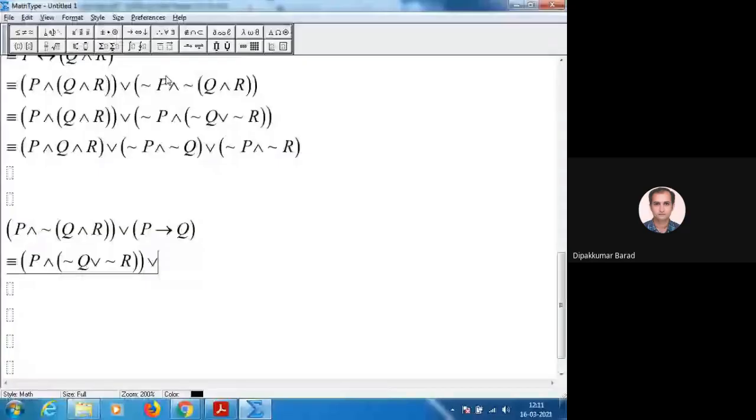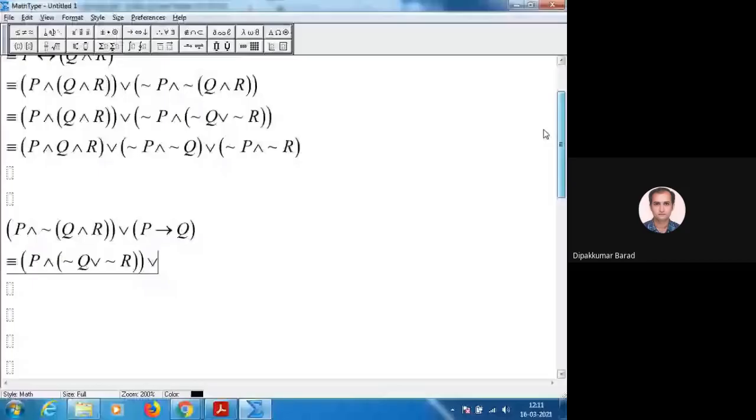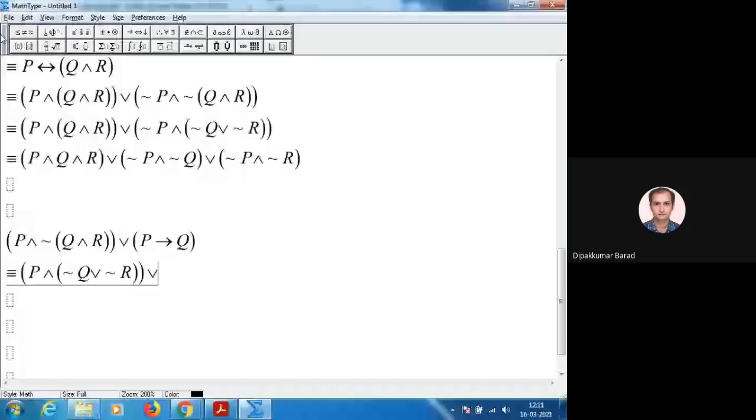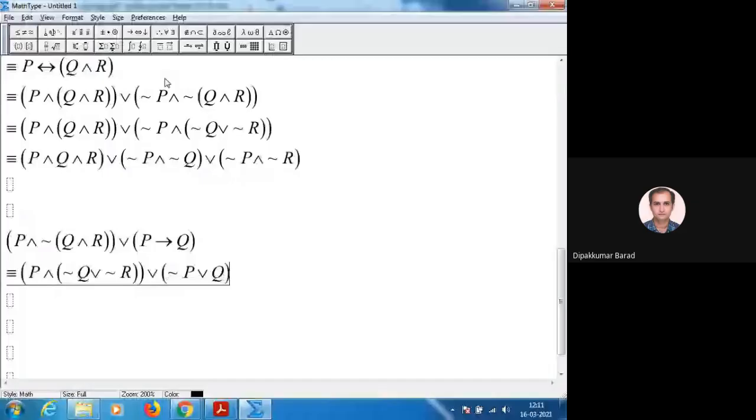Now P implies Q, it means not P or Q. Okay, so not P or Q. Now in the first one, we can apply the distributive property.